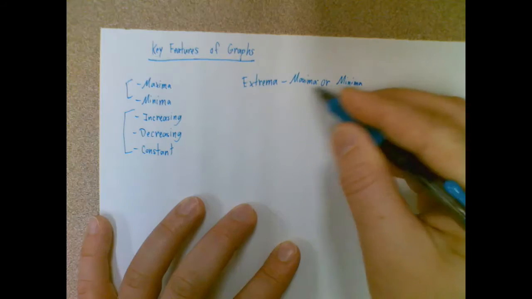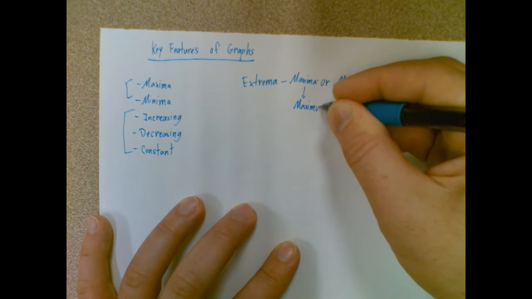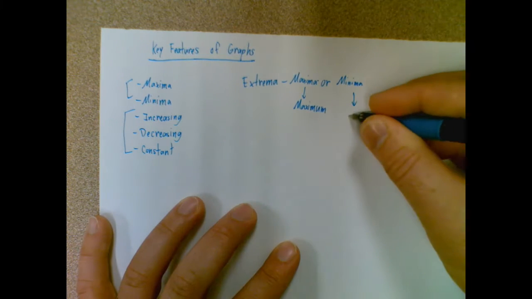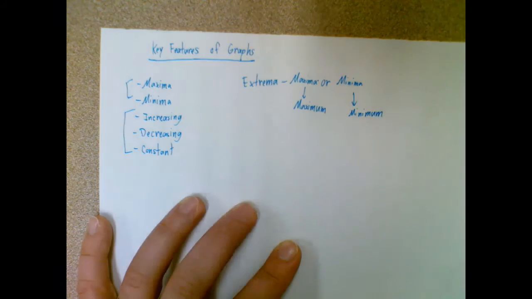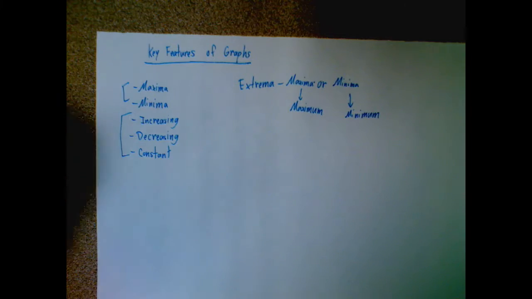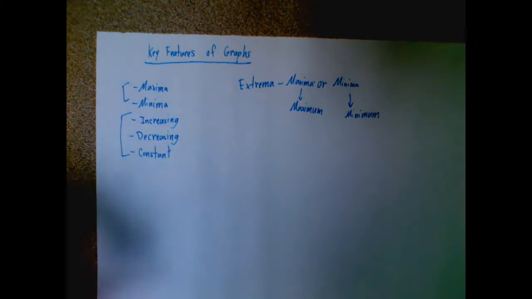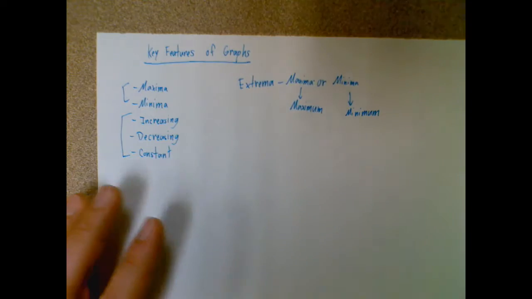By the way, maxima and minima are just the plural forms of maximum and minimum, which you may have encountered more frequently, like a maximum amount of something or a minimum of fuss, or whatever phrase you've heard these in before. These are just the plural forms of those.